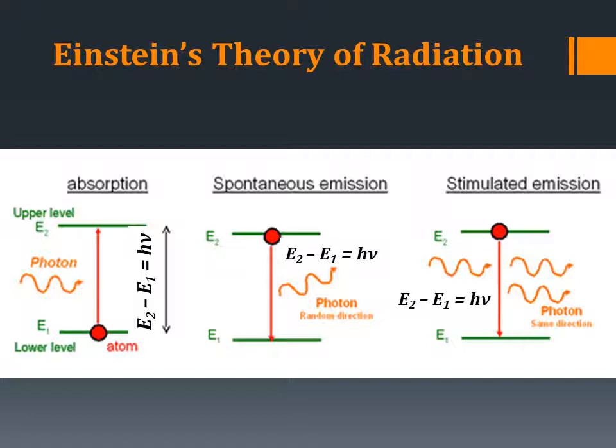Towards the end of this theory, we'll be finding out what are called Einstein's A and B coefficients, and also we will be able to tell whether stimulated emission takes place naturally or spontaneous emission takes place naturally.